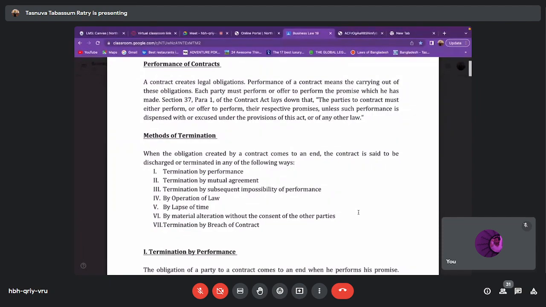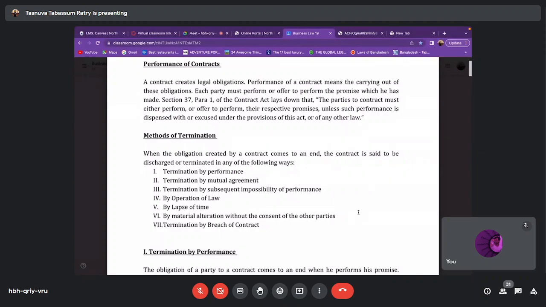Secondly, the contract can also come to an end if the contracting parties mutually agree to terminate the contract. That is what we call termination by mutual agreement. Third, the contract can also come to an end if there is any subsequent impossibility of performance.